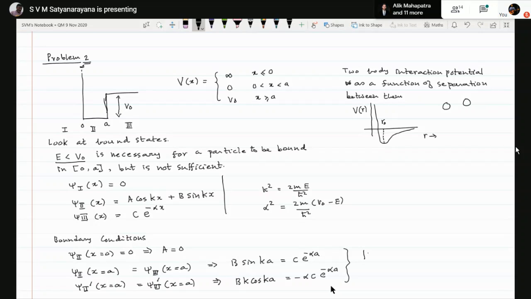So I have k cot Ka is equal to minus alpha.